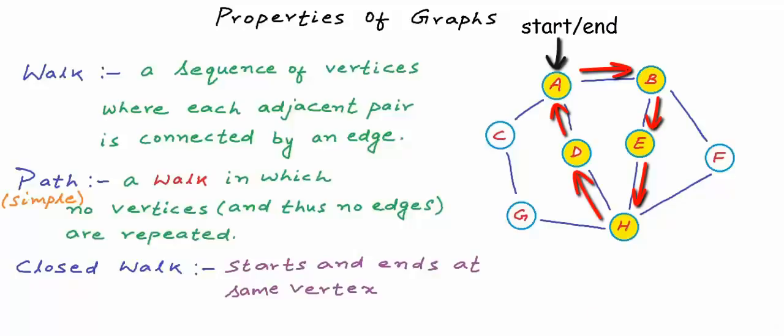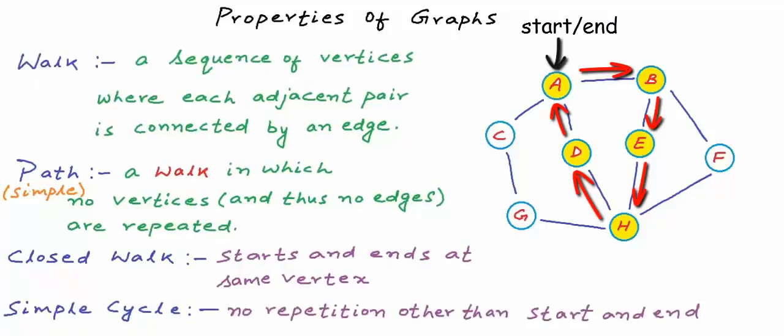So a closed walk is a walk that starts and ends at same vertex, and the length of which is greater than 0. Now some may call closed walk a cycle, but generally we use the term cycle for a simple cycle. A simple cycle is a closed walk in which other than start and end vertices, no other vertex or edge is repeated. Right now what I'm showing you here in this example graph is a simple cycle, or we can just say cycle.